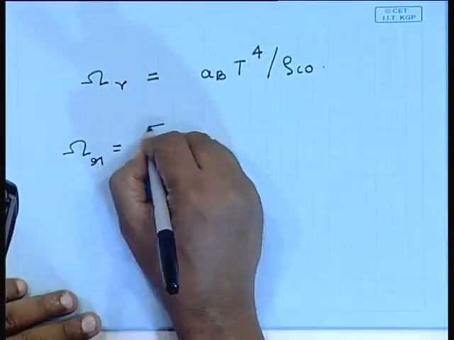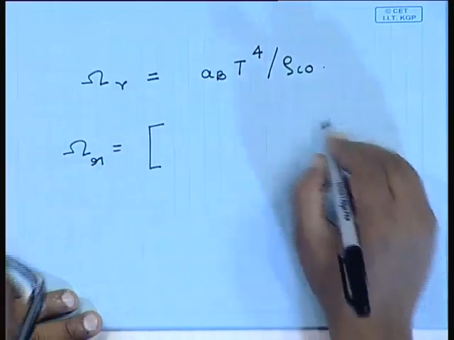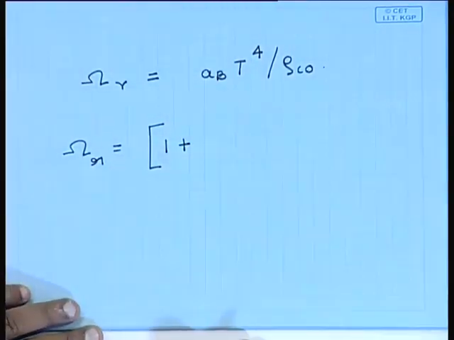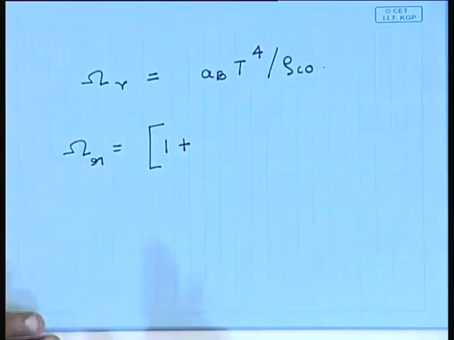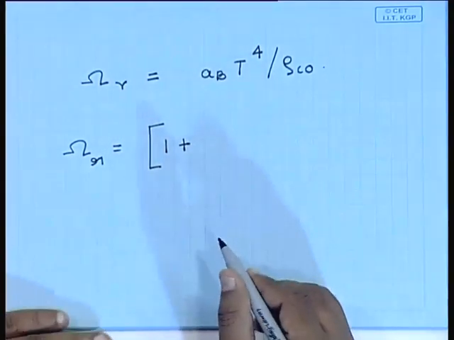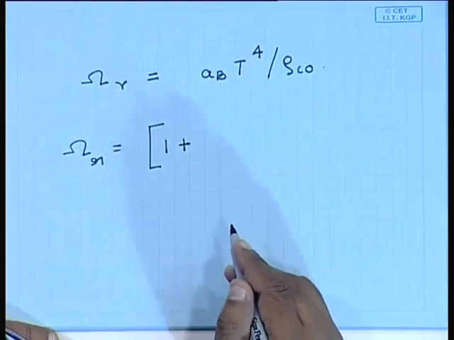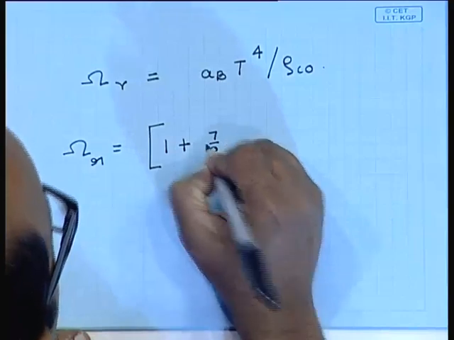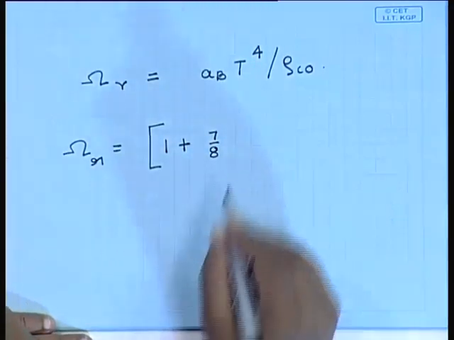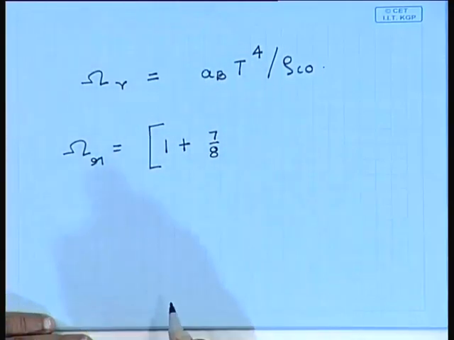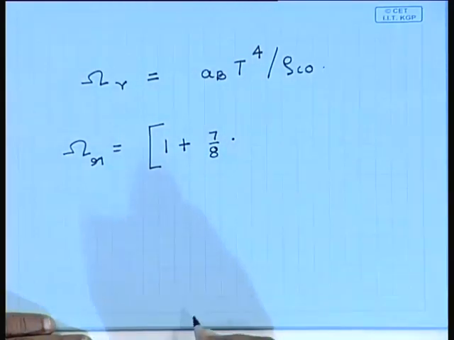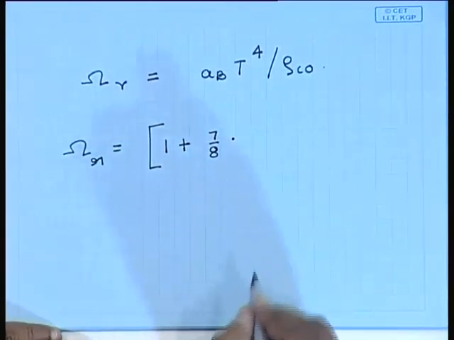contributions not only from the photons, it will be some factor 1 plus, so the neutrino energy density would be a factor of 7/8 less if the temperature of the neutrinos were the same as the temperature of the CMBR. But we also know that the temperature of the neutrino is lower by a factor of (4/11) to the power 1/3.